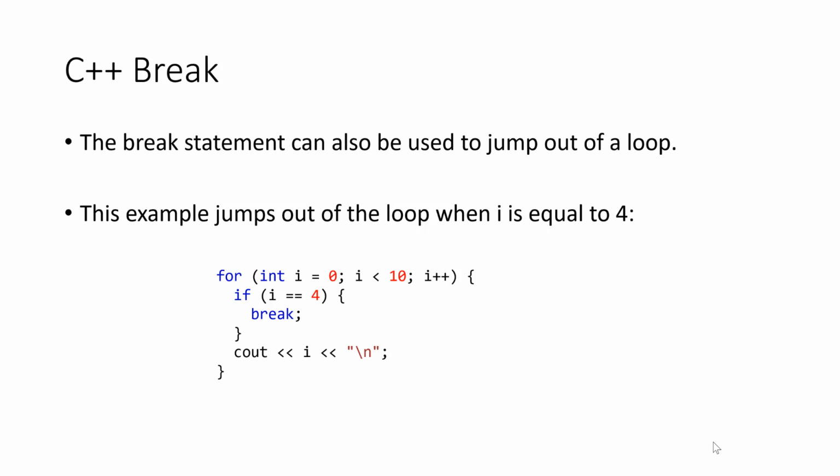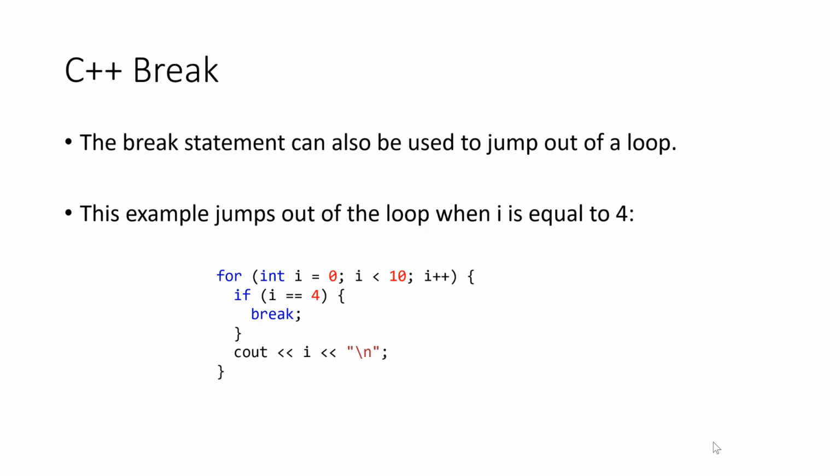Because the break statement can be used to jump out of the loop if, for example, a particular condition is satisfied. So for example, we have this example. In this example, when the value of I is equal to 4, then we are going to jump out of the body of the for loop.